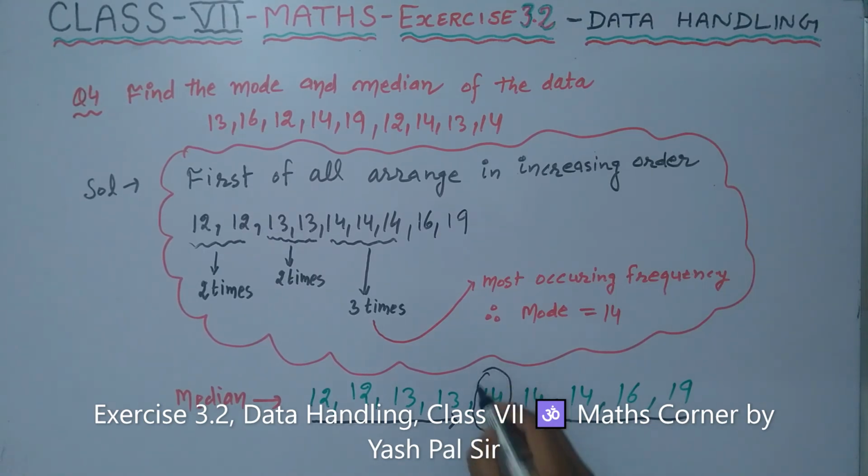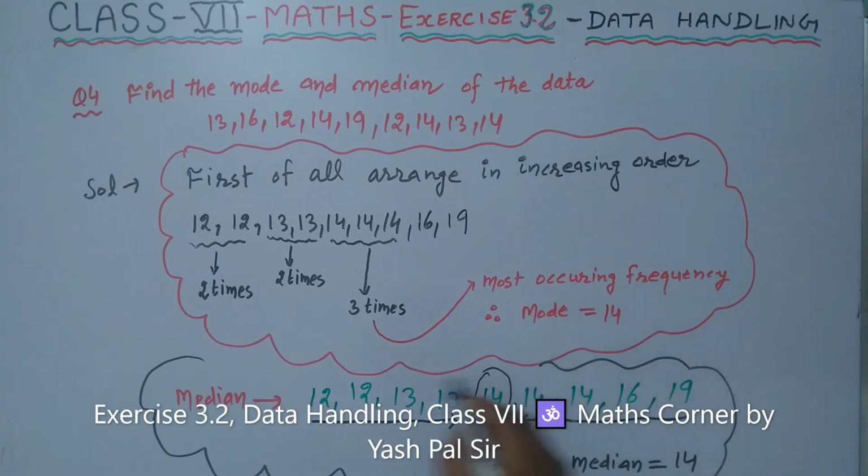And this is the middle term. And the middle term is called median. What is the median? 14. Median is 14. So this is the answer of the question.